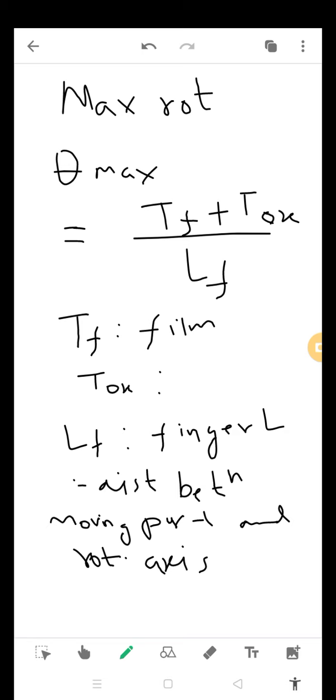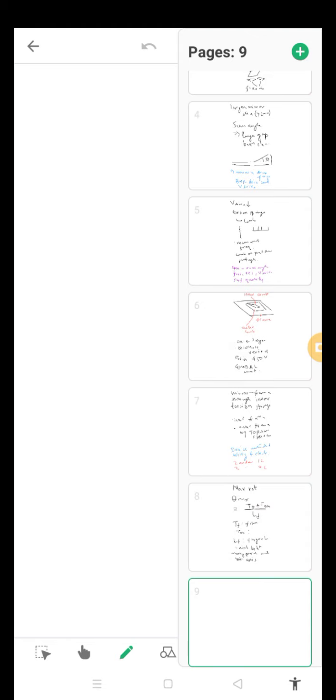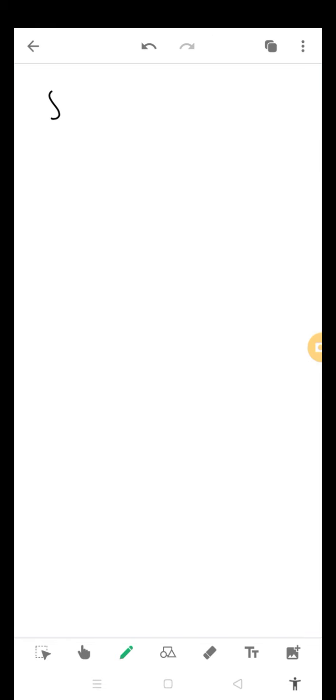Now there is a parameter called shock impact reliability.